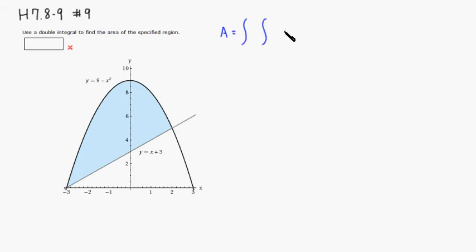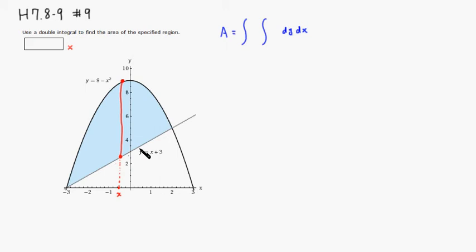Let's do it with respect to y first and then with respect to x. First we're going to fix the x value, some random x value, and try to see where this vertical line segment starts and where it ends.